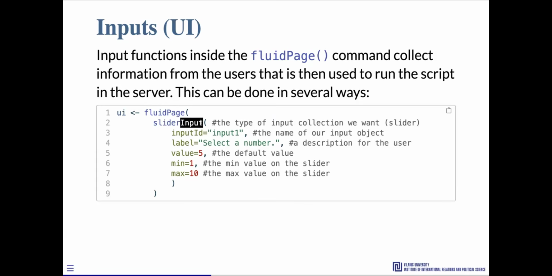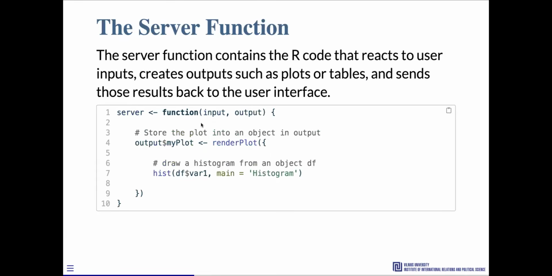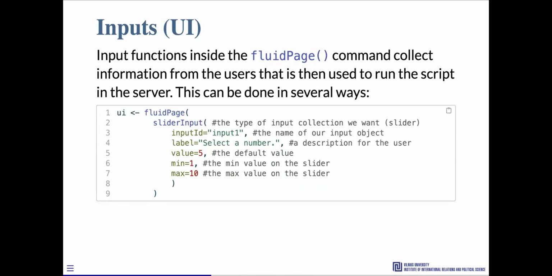And you can probably already make the connection that this input function that we have in the UI will correspond to the input list that we will have in our server. For now, that is a correct intuition, but we will come back to this later. Okay, so moving back to the UI.